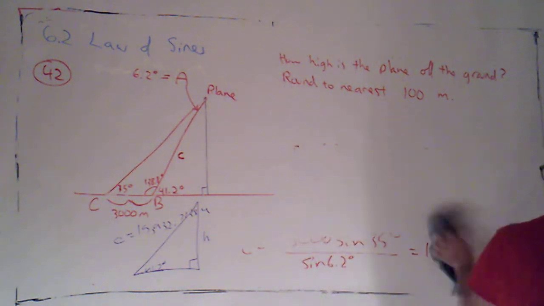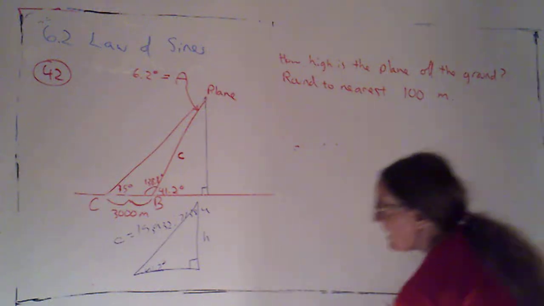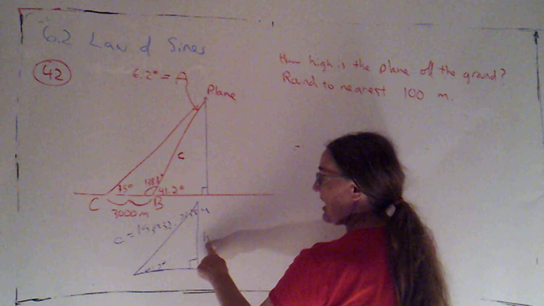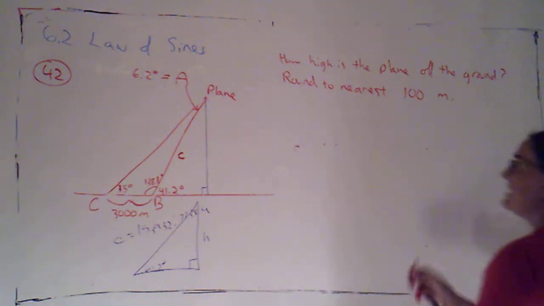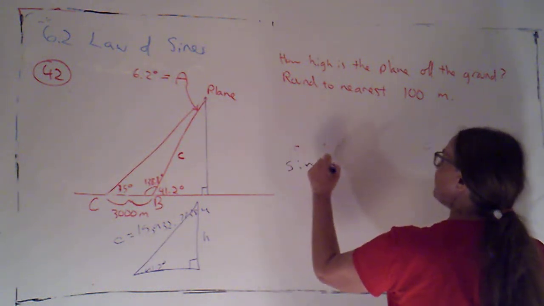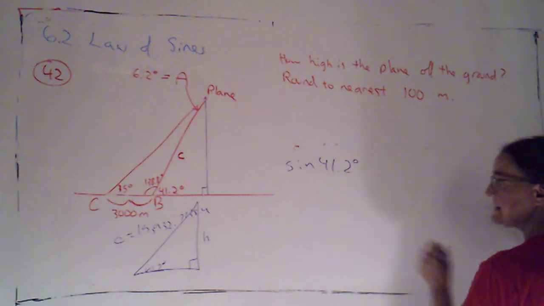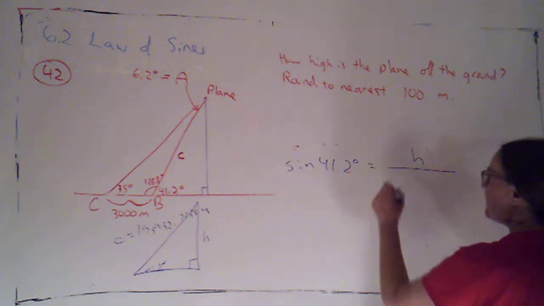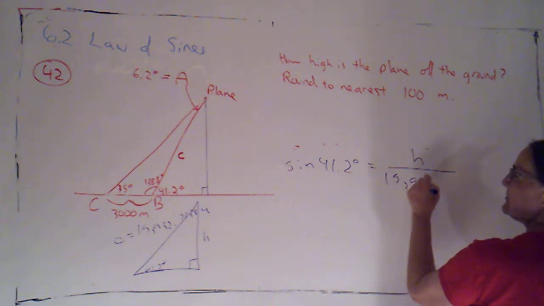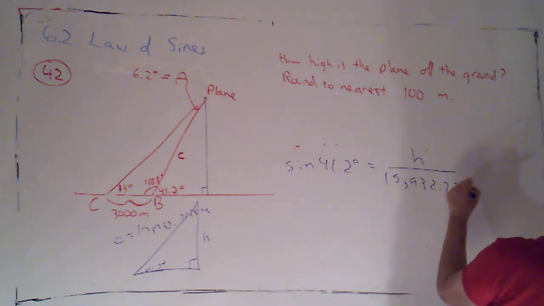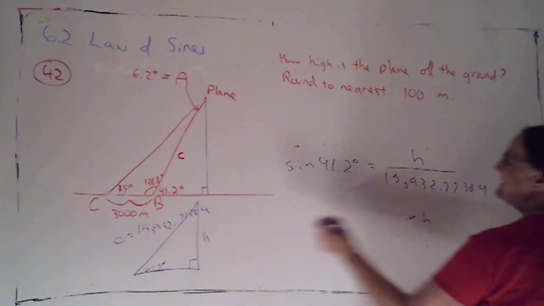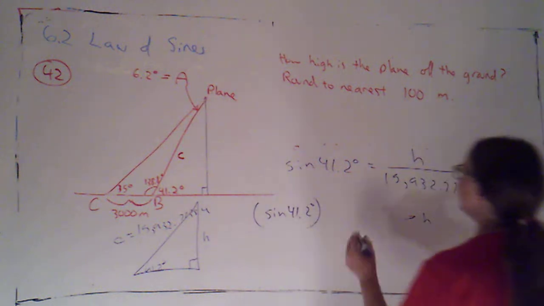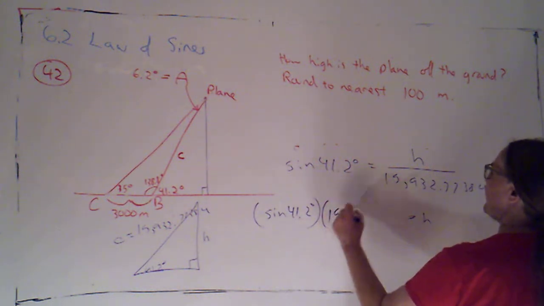Okay, so now I've got a right triangle that I'm working with, and so I'm going to use some right triangle trigonometry. It looks like here I know the hypotenuse. I want to know the opposite side. So I'll be able to say sine of 41.2 degrees is equal to H over this lovely number, 15,932.77384. So the height is sine of 41.2 degrees times this lovely number.